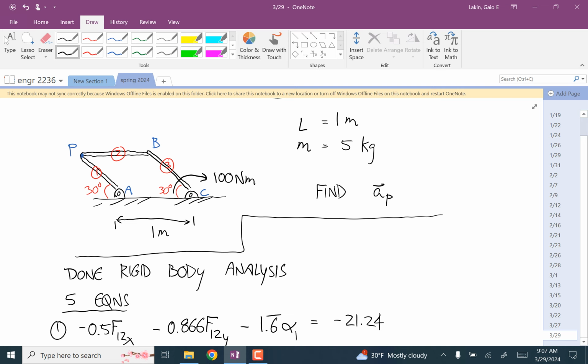How many variables would we expect to see in these 5 equations? 9. We expect 9 variables so that these 5 equations and the 4 constraint equations add up to the number of variables. Let's check that real quick.